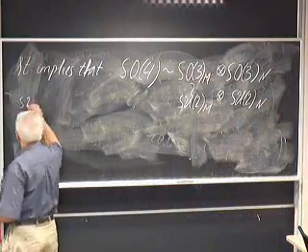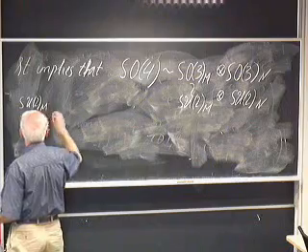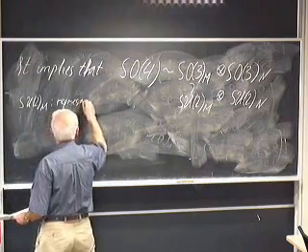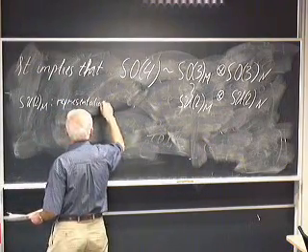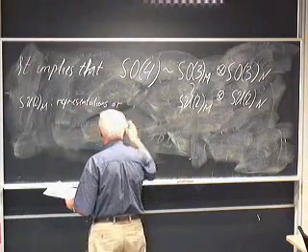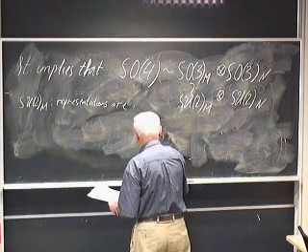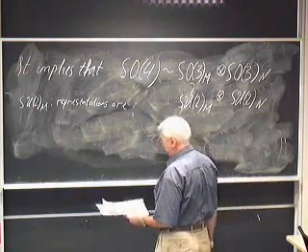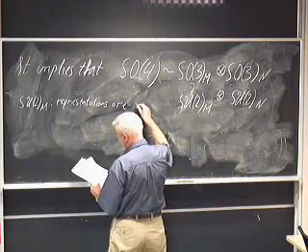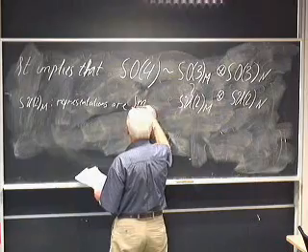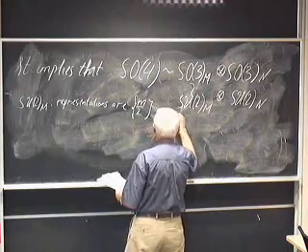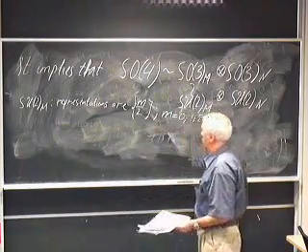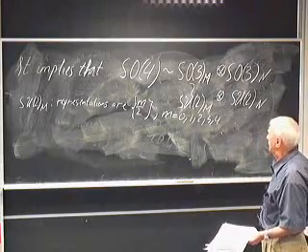So, let me use all representations. They can be characterized, each irreducible representation, by one number, M. So we can write M over 2, and M is 0, 1, 2, 3, 4, up to infinity. So each M defines an irreducible representation.